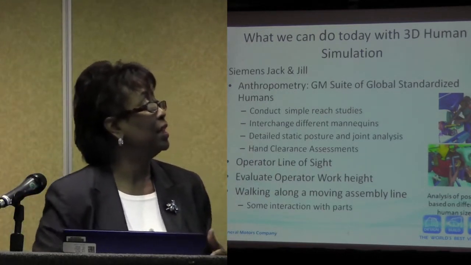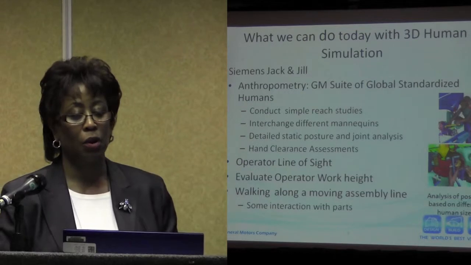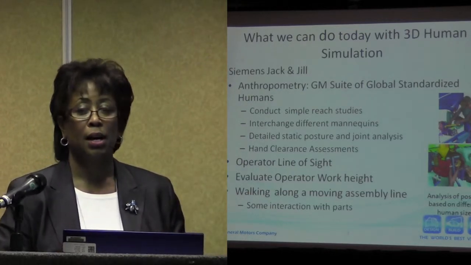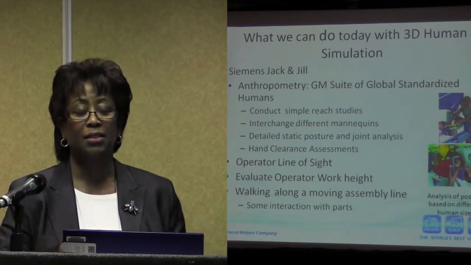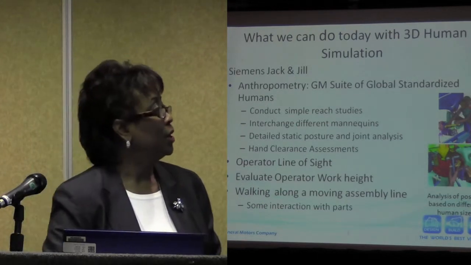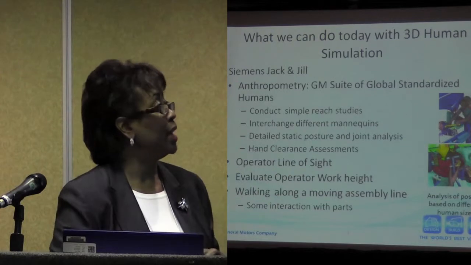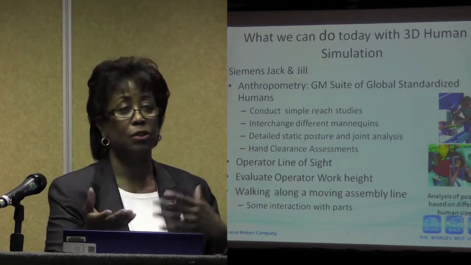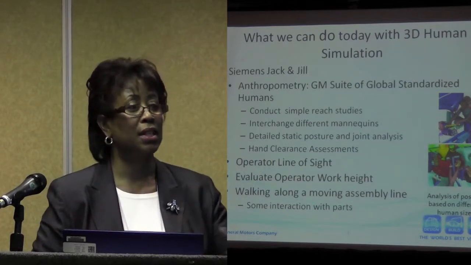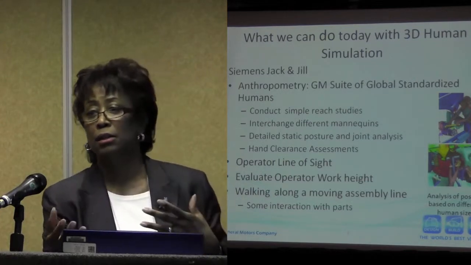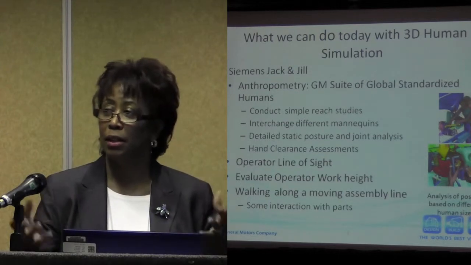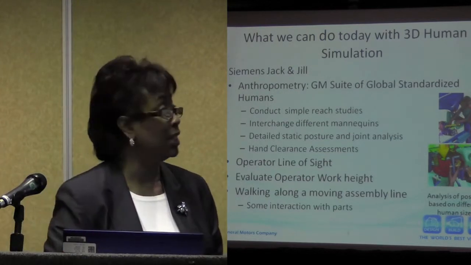We have created what we call our GM Global Anthropometry. So we're able to look at the sizes of the operators around the globe and do simple reach studies, interchange different mannequins, so we can take a 50th percentile female, exchange it fairly rapidly with a 95th percentile male, and comprehend what that operation is going to look like.